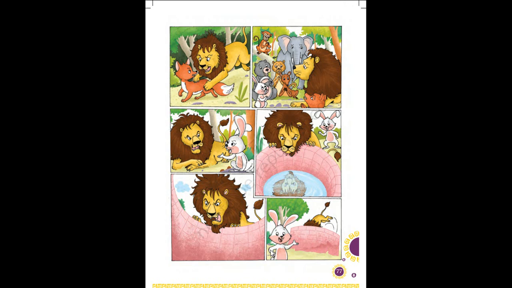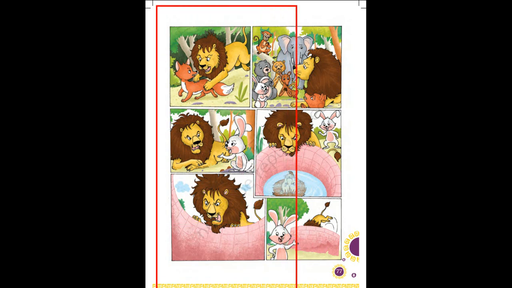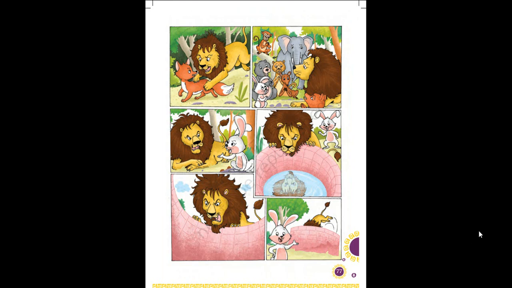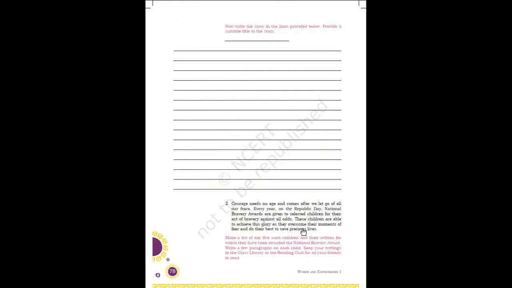You should write the story in the lines provided. Use a suitable format, that is story writing. I have taught you this format in the class. First you give a proper title to this, write the story in short, and write a small moral for that, and complete the story on page number 78.